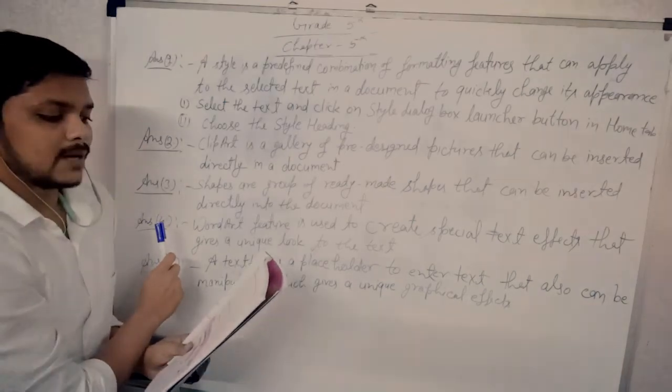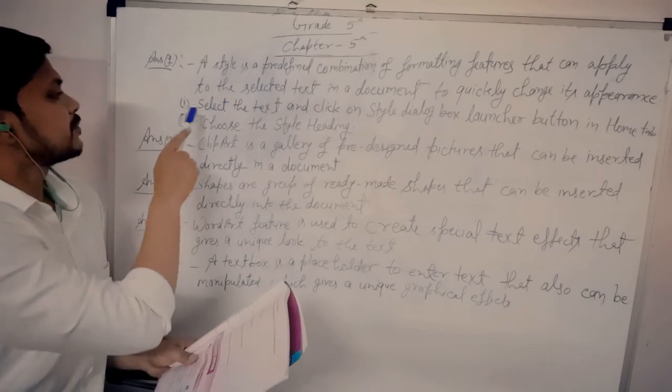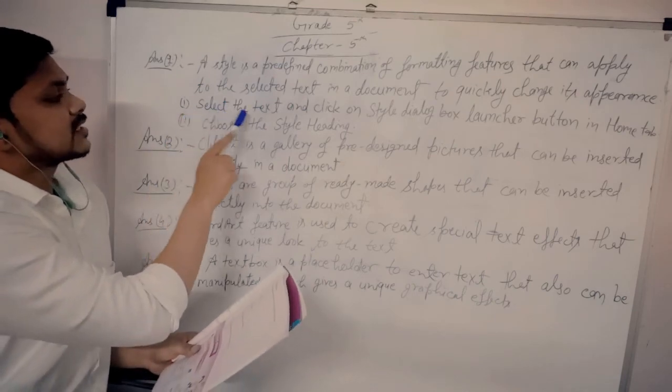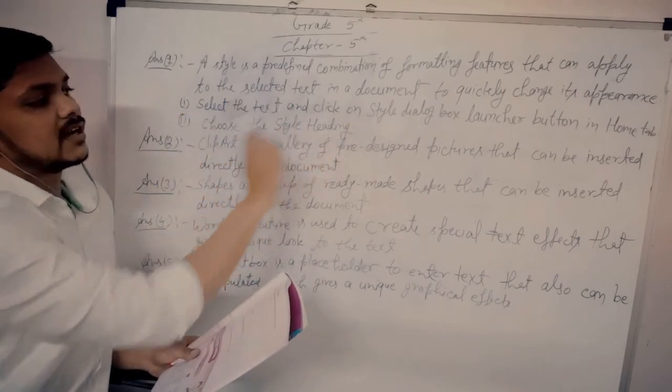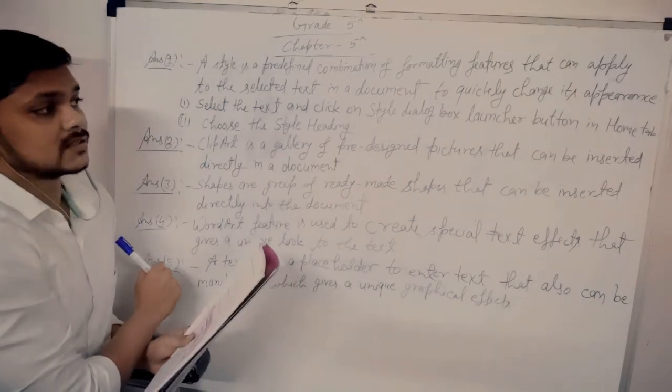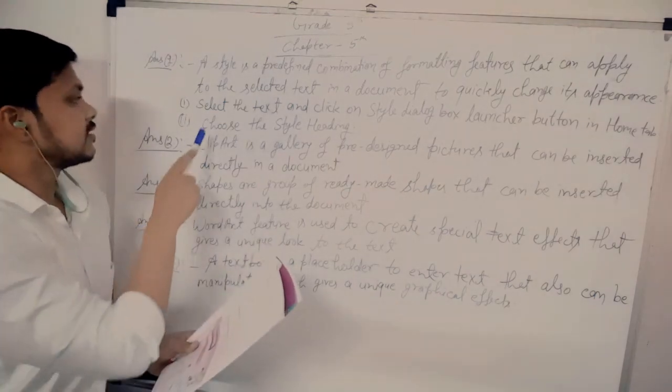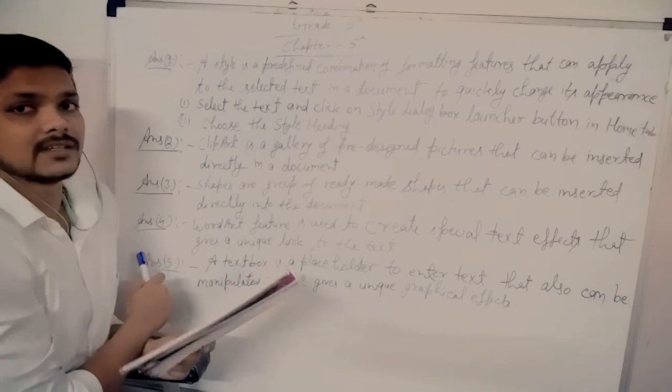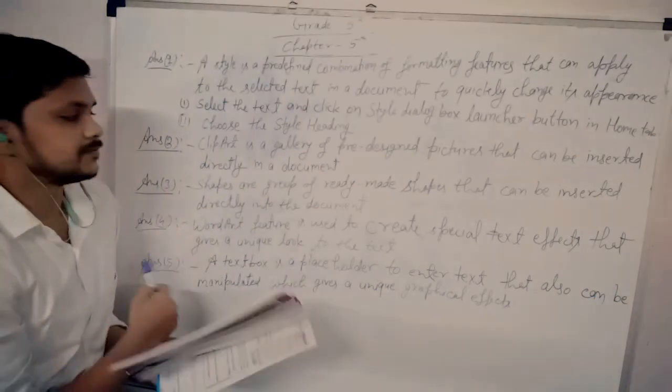If you want to apply a built-in text style, first select the text and click on the style dialog box launcher button in the home tab. Second, choose the style heading, so your style will be changed.